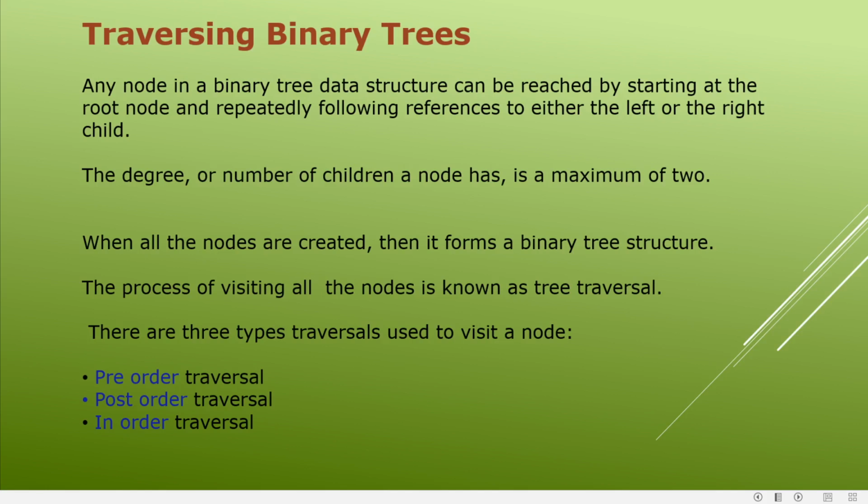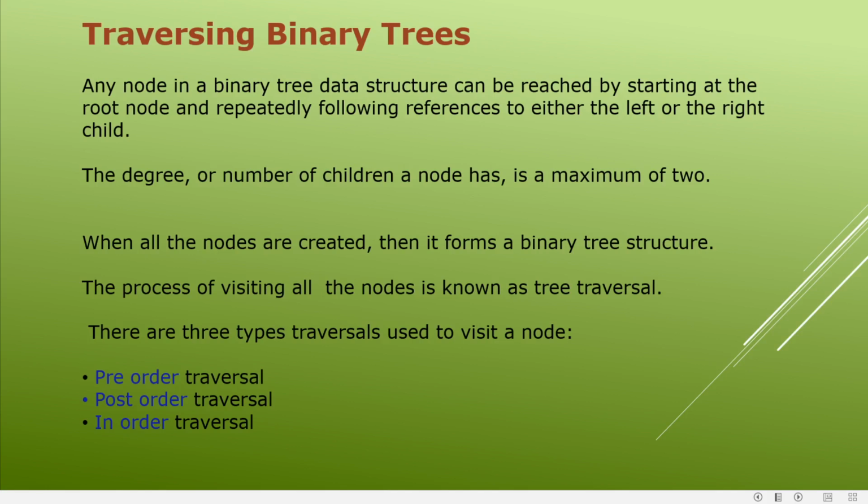When all the nodes are created, then it forms a binary tree structure. Any node in a binary tree data structure can be reached by starting at the root node and repeatedly following the references to either the left or the right children of the root node.